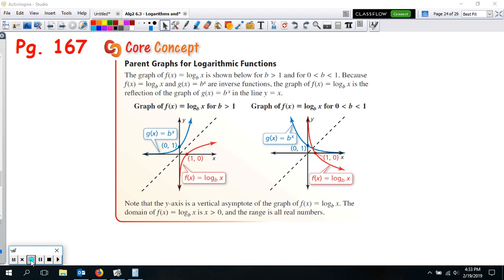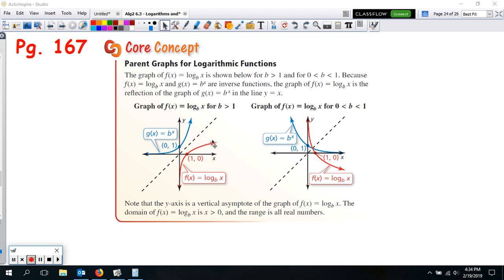Okay, so the last thing to talk about here in this section is the graphs for the logarithmic functions. Parent graphs of logarithmic functions are in this core concept. And remember, we just talked about that the logarithms are the inverses of exponentials, so that's why you see the graph in blue here as the exponential function. This would be exponential growth.